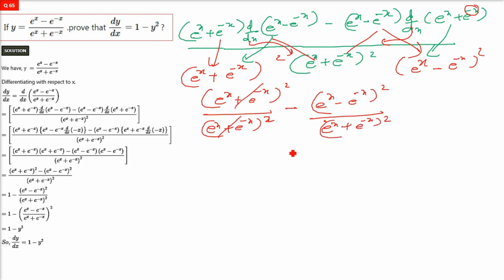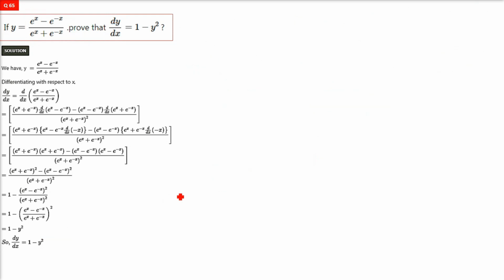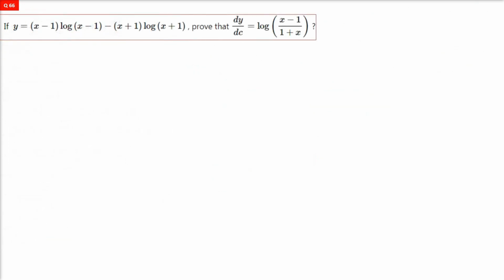Denominator remains the same. Now this gets cancelled. First term 1 minus, okay, this is what? Y. E raised x minus e raised minus x divided by e raised x plus e raised minus x is y only. So this one is y square only. On the left side, what do you get? Initially we started with dy by dx only. So dy by dx is equal to 1 minus y square. This is how you can match the answer also, but you have to write it in the way I gave you, the printed one.